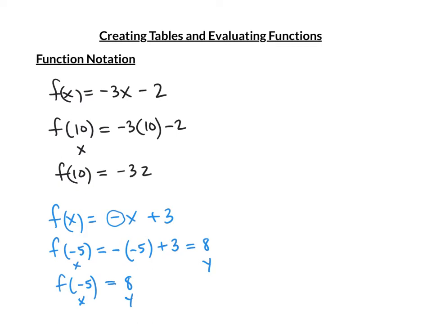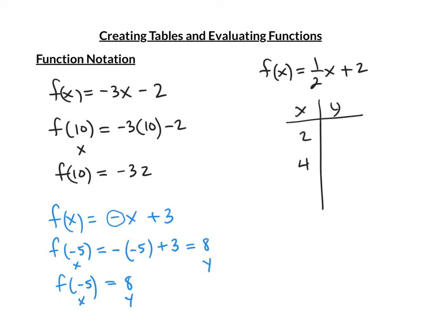If we take an equation with an f of x, we can build a table for it just like we do with a y equation. F of x equals 1/2 x plus 2. Notice I'm picking even values. That's just a little bit easier to plug in. So if I ask you what f of 2 is, it's 1/2 times 2, that's my x, plus 2. 1/2 times 2 is 1, and 1 plus 2 is 3.